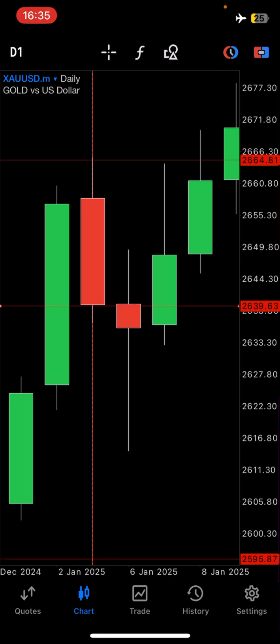Monday was a down close candle. When you see a down close candle, you do not buy. Why don't you buy? Because the higher time frame is going up, and the down move is just a manipulation, right? It's a psyop, if you understand what I'm saying.